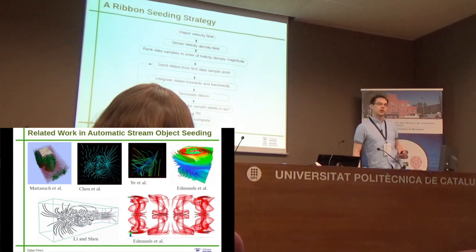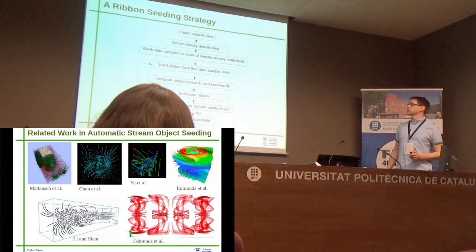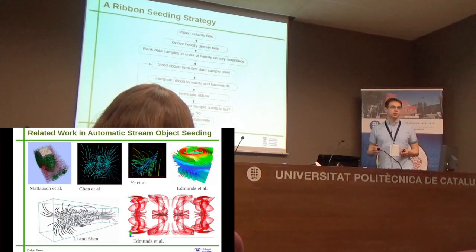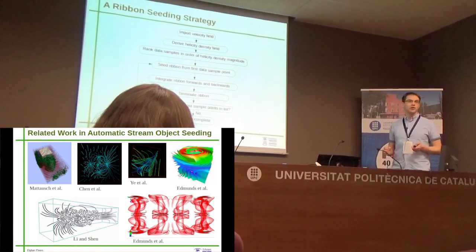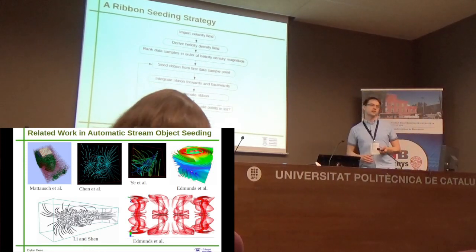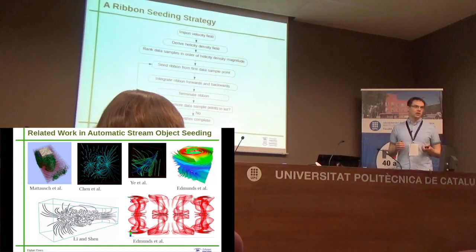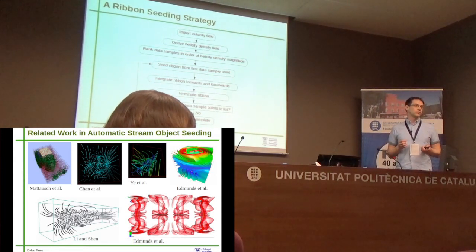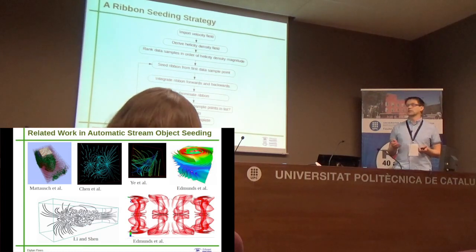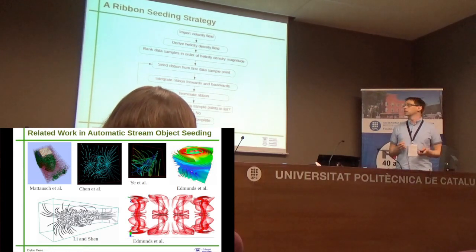Which brings us then to our stream seeding strategy. So first of all, we import the velocity field data, and then from that we can derive the helicity density field. So we want the helicity density at each sample point within the field.